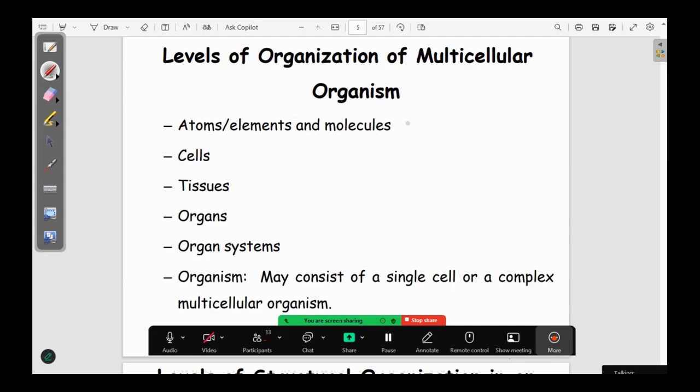We know what atoms are from chemistry, like oxygen and hydrogen. They combine to form molecules like water that are essential for life. These atoms and elements combine to come up with cells. The cell is the basic unit of life. It's the smallest living entity.